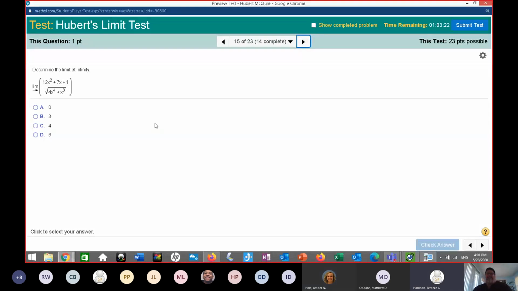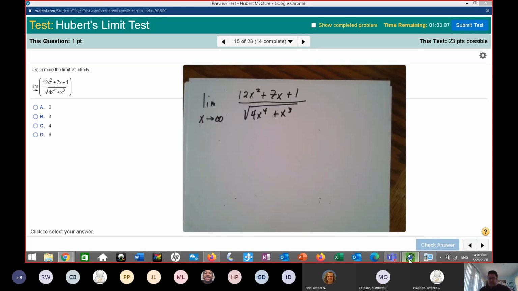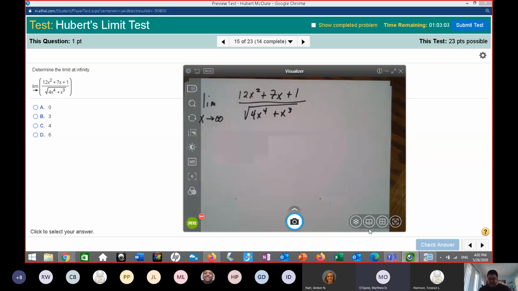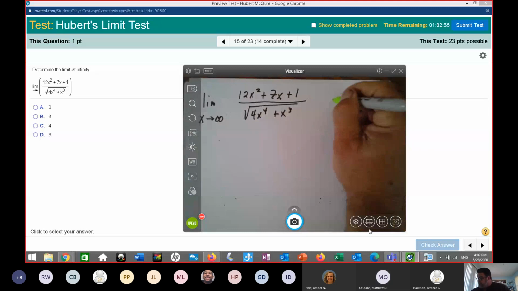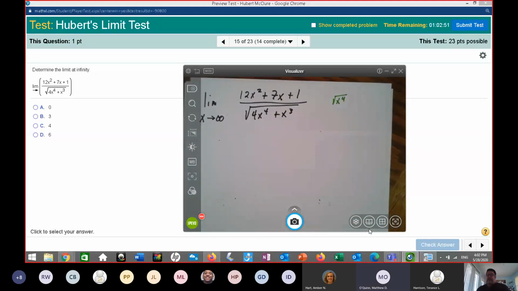12x squared plus 7x plus 1 over the square root of 4x to the 4th plus x to the 3rd. Now, like I said, we did this, so I'm going to do it just like I did. I'm going to take my green marker, and the square root of x to the 4th is equal to x squared.